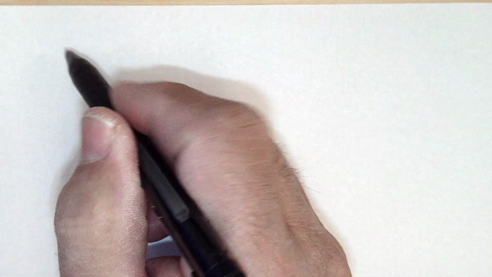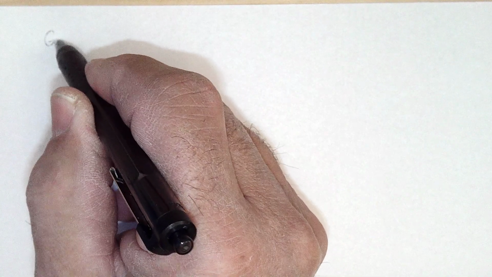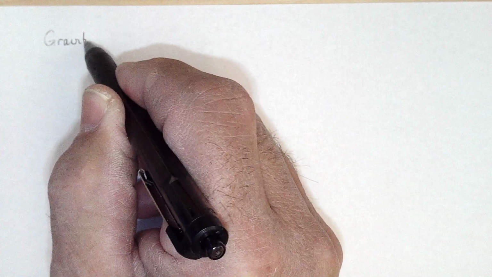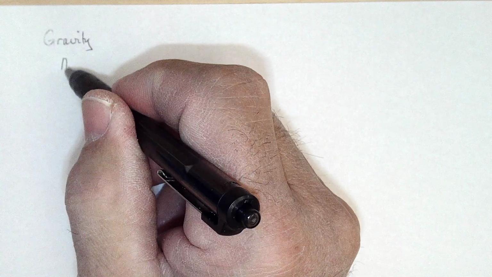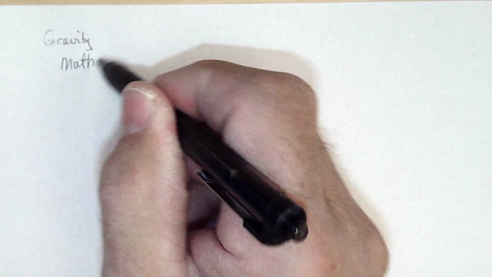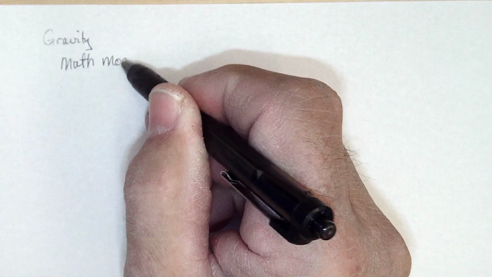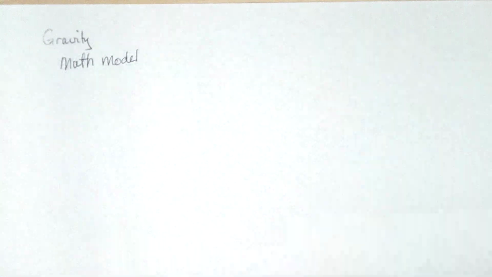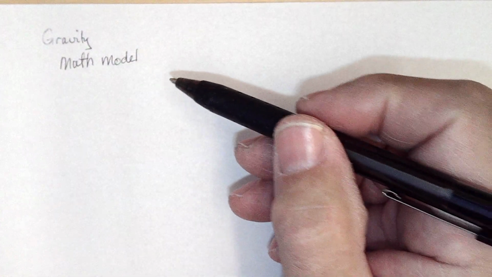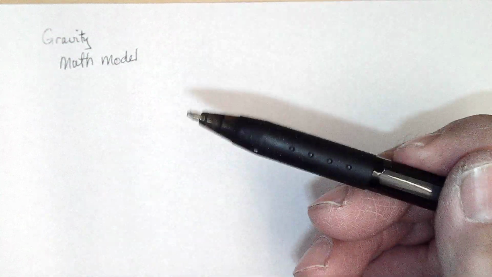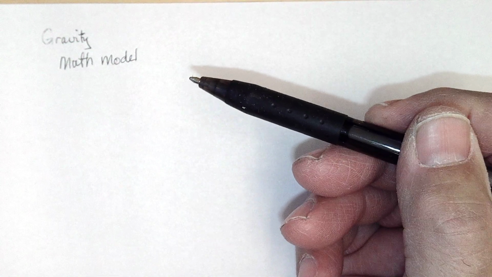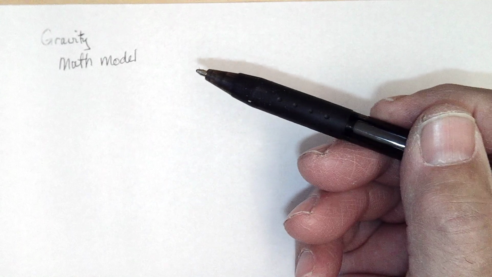All right, Friday I talked about gravity, and more specifically the mathematical model for the height of something thrown up and pulled back to the earth by the attraction of the mass of the object and the mass of the earth.